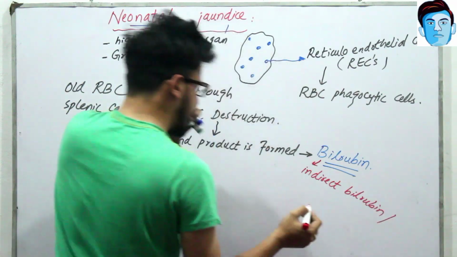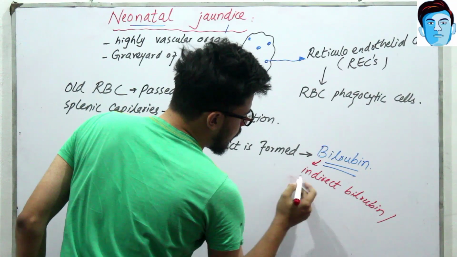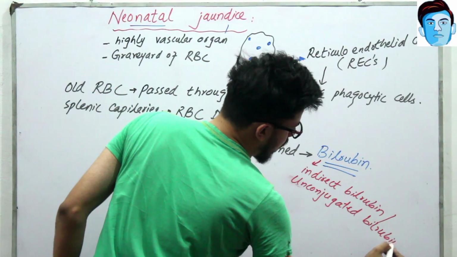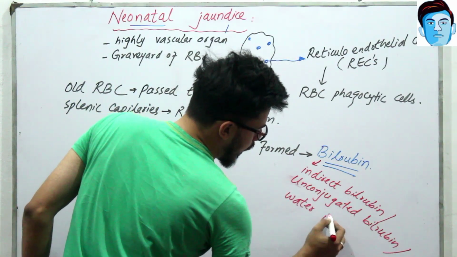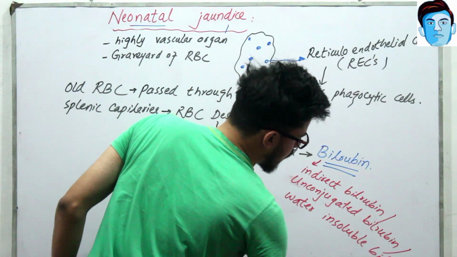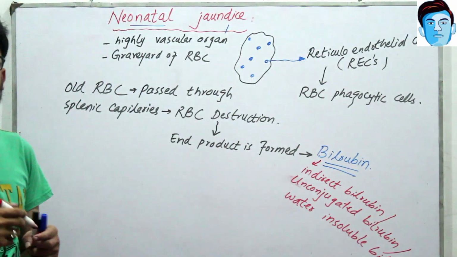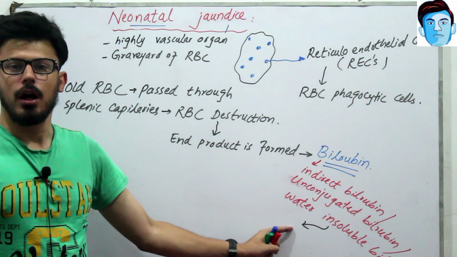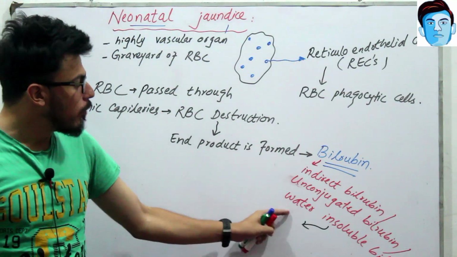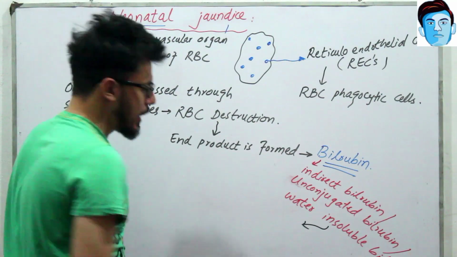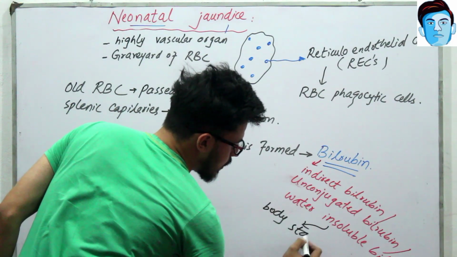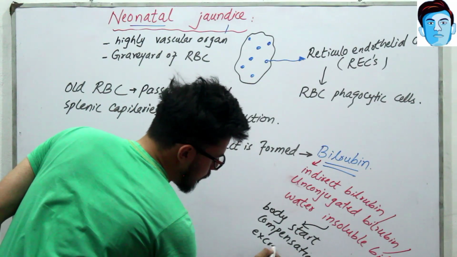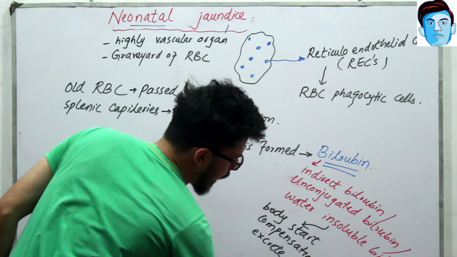It is also called unconjugated bilirubin, or water insoluble bilirubin. So if there is water insoluble bilirubin, it means the bilirubin is not soluble in water, so there is no excretion of bilirubin through stools and urine. As a result of this, the body starts compensation and excretes bilirubin outside the body.